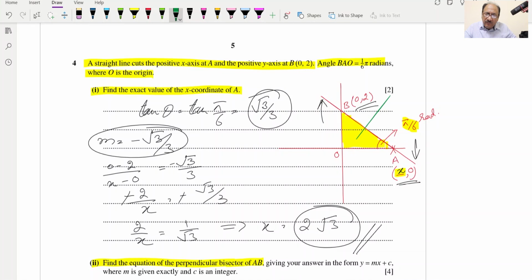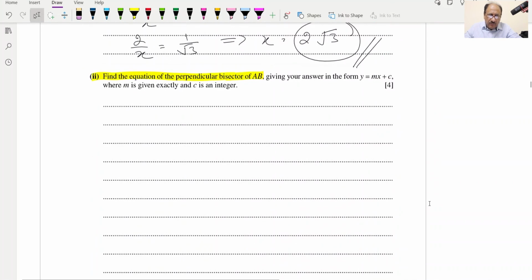It is perpendicular, meaning this angle will be 90 degrees, and it passes through the midpoint of A and B. Giving your answer in the form y equals mx plus c, where m is given exactly and c is an integer.